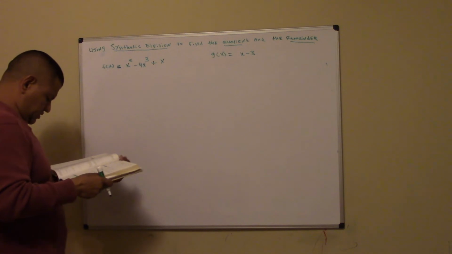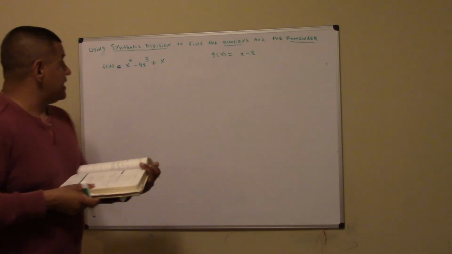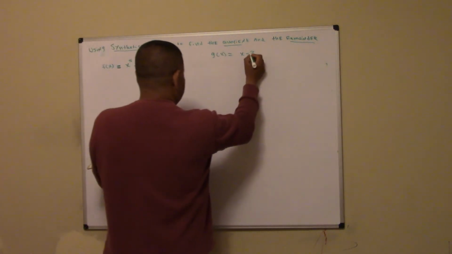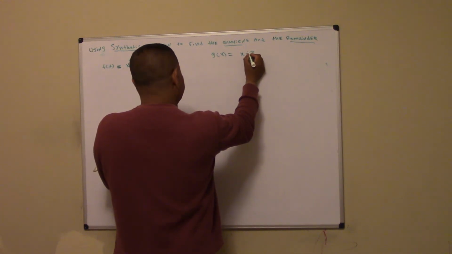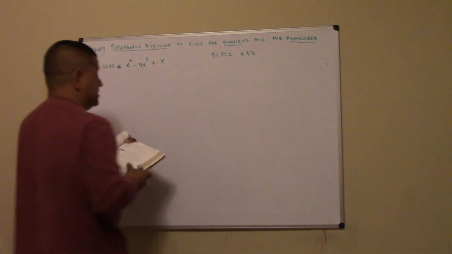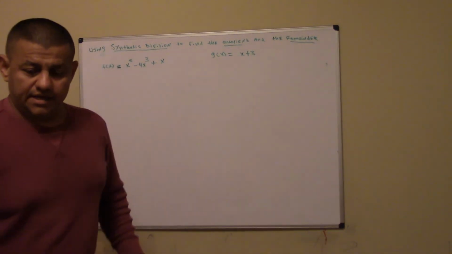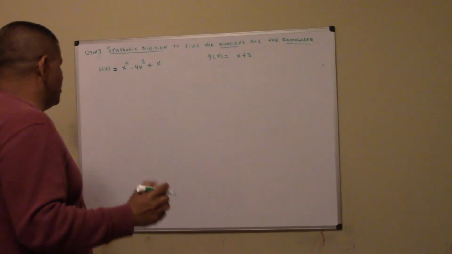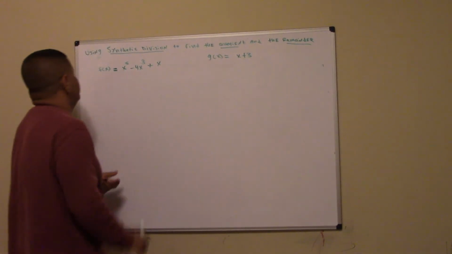Okay. So yes, and g of x is, instead of being a negative, it's positive, right? Positive 3. Okay. So let's work this out.